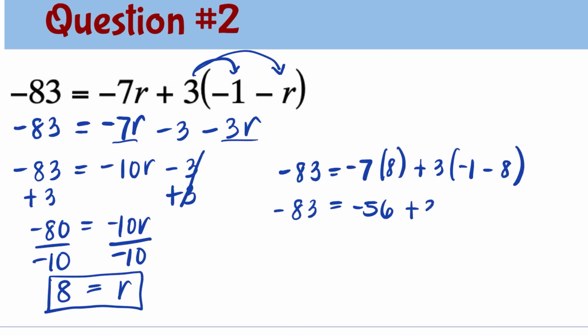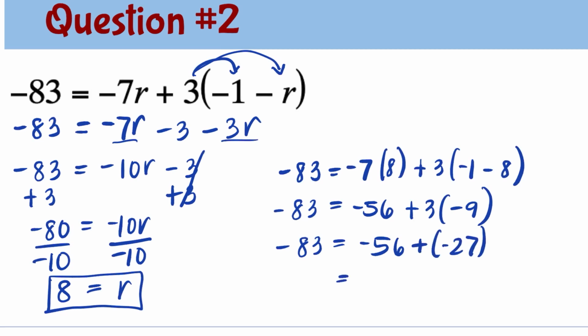Plus 3 times negative 1 minus 8, which is negative 9. Simplifying the right side further, we have negative 56, and 3 times negative 9 is negative 27. And if you add negative 27 and negative 56, that's negative 83. This means that the r value is equal to 8.